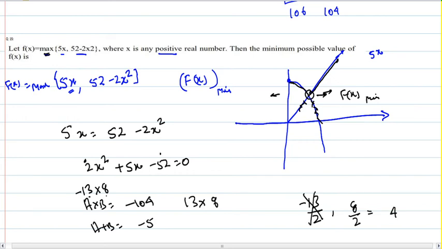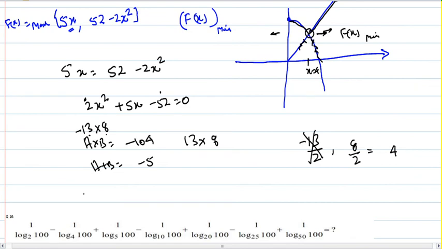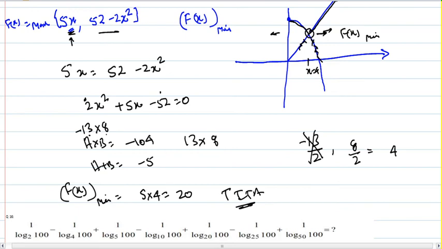This is 4. So this is the point where x is equal to 4. If I put that 4 in the function, I will have my answer. So minimum value of the function is achieved when you put 4 in any one of these. It is easier to put 4 here. So 5 into 4, that is 20. Again, a theta based question. No guesswork allowed, guys.